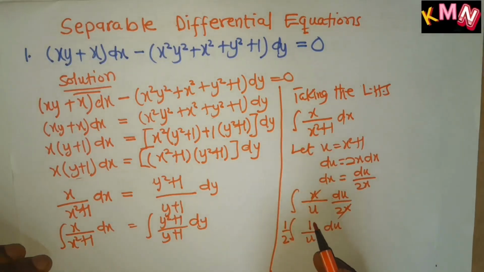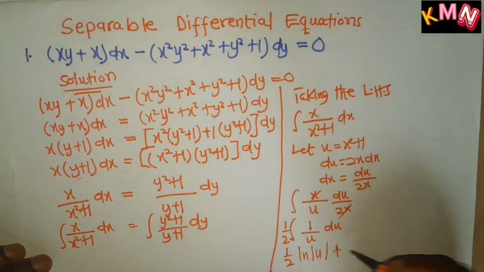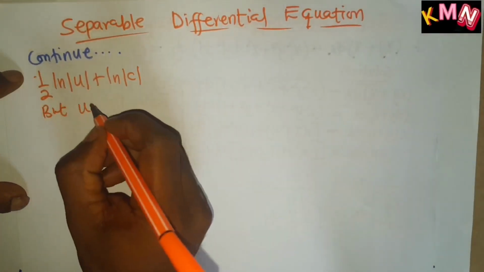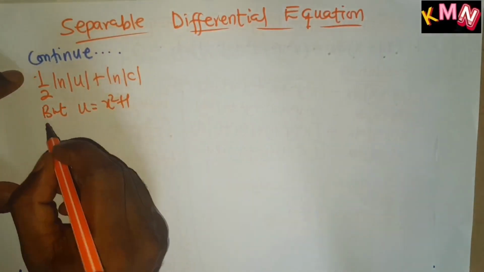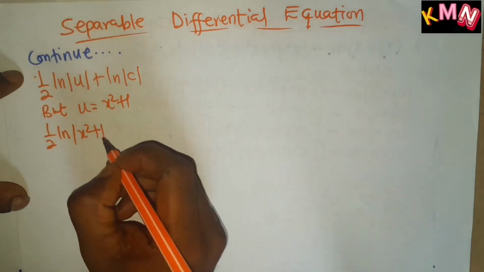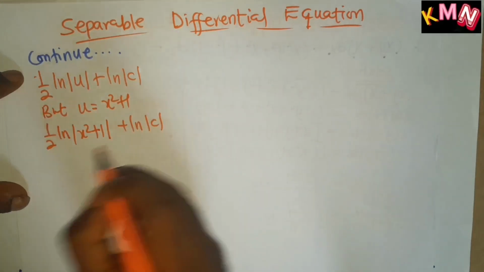And you know that the integral of 1 on u will give us ln of u, so this is half ln of u plus our ln c as usual. But we know that our u is x squared plus 1. Substituting, we're going to get half ln of x squared plus 1 plus ln of c. That's the left hand side.